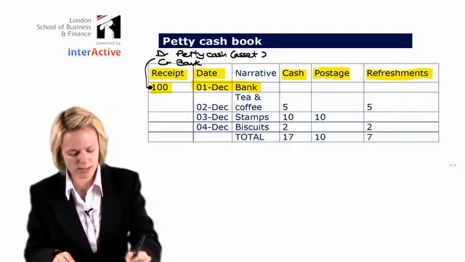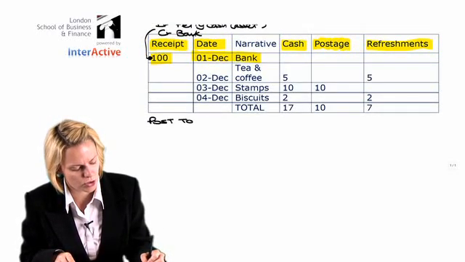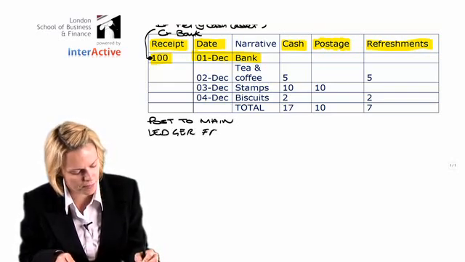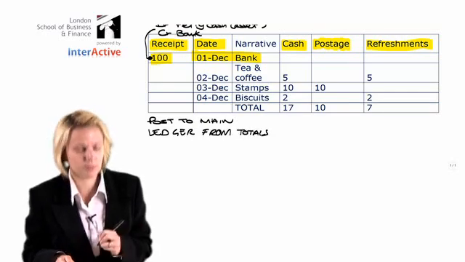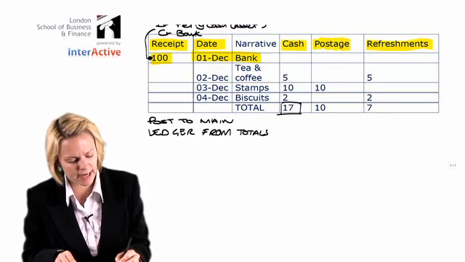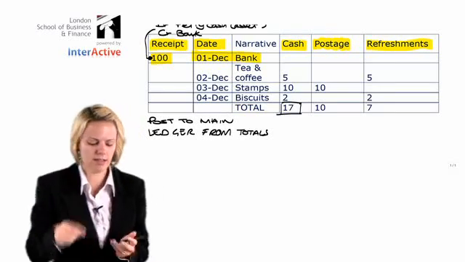Now, as always, we post to the main ledger from the totals. Okay. So the total of the cash paid out of petty cash would reduce your petty cash asset.